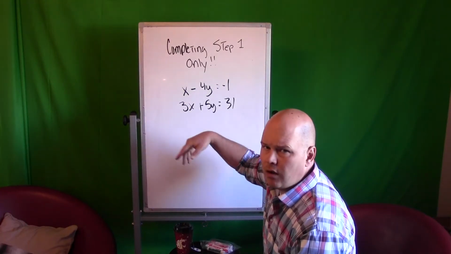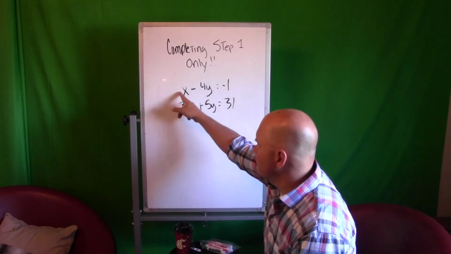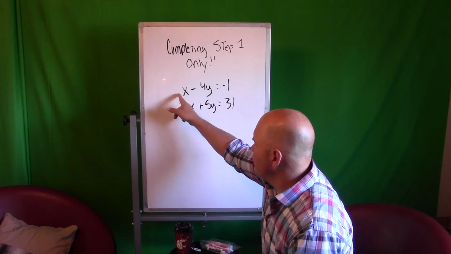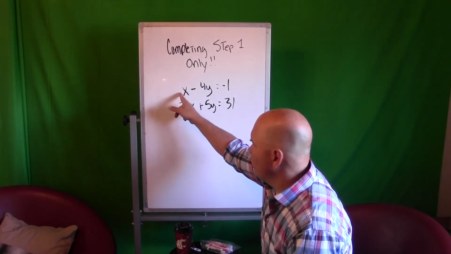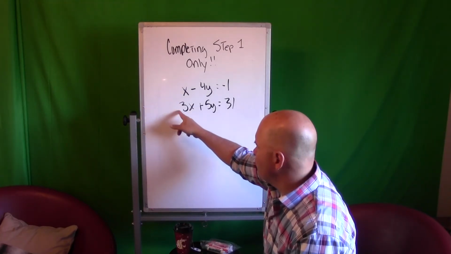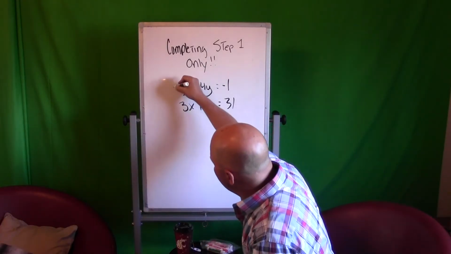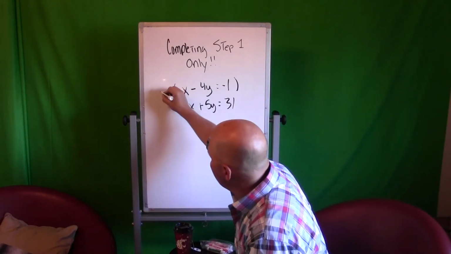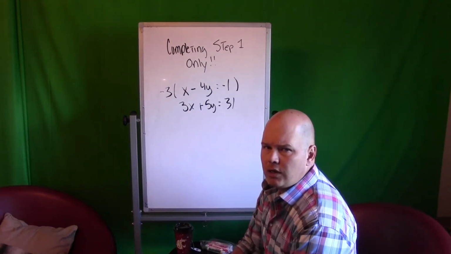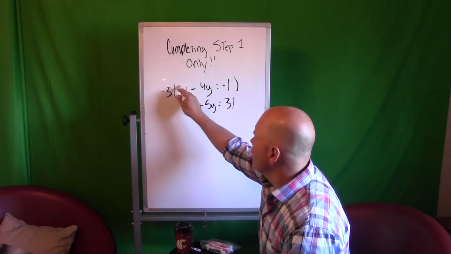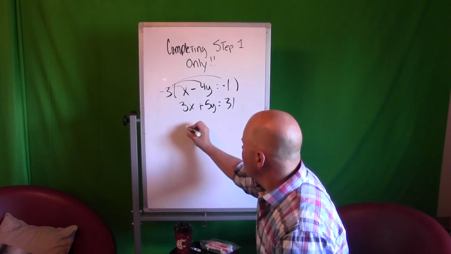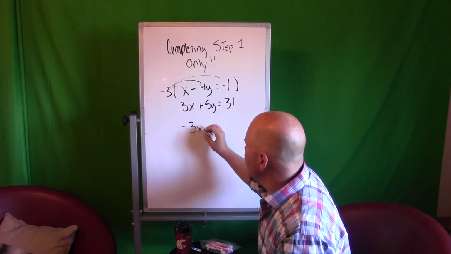So to make one its opposite, let's just look at this x here. I would need to make regular or positive x, the opposite of 3x would be a negative 3. So to make this a negative 3 up top, I just have to multiply my entire top equation by negative 3. That goes in, and now I have negative 3x.